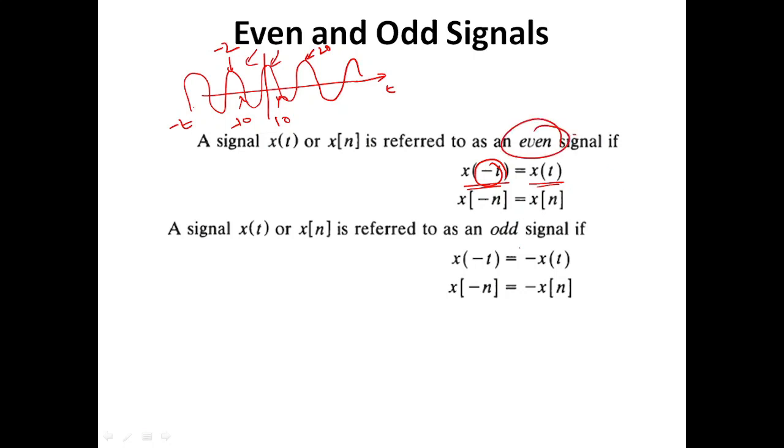On the other hand, for odd signals, the value at t should be equal to minus 1 multiplied by the amplitude at minus t. When that happens, it becomes an odd signal. The example is sinusoidal waves.